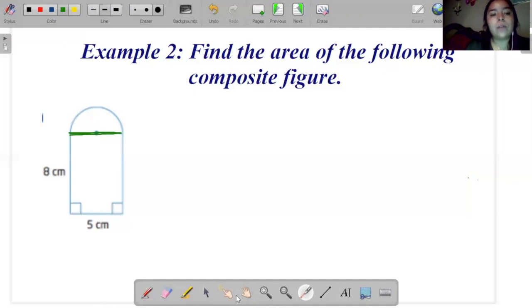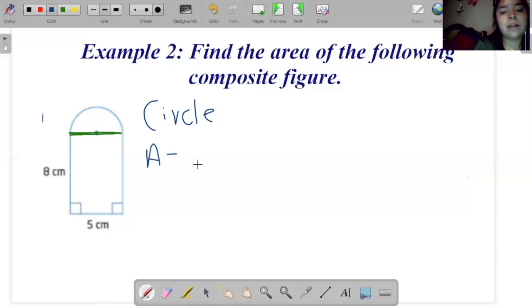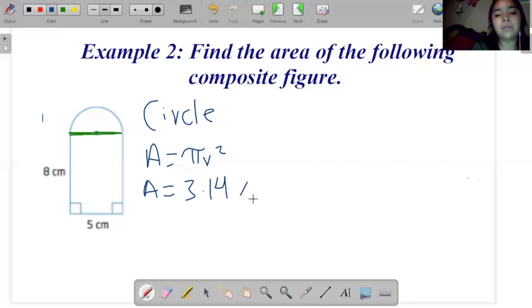So we know that to find the area of a circle, our formula is A is equal to pi r squared, right? So let's find the area of the circle. We have that A is equal to 3.14 times r squared.